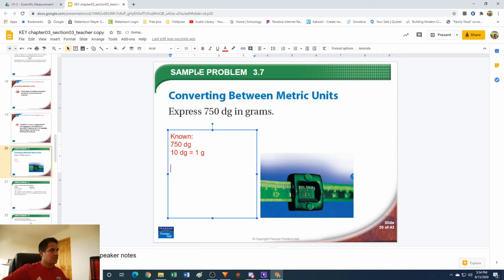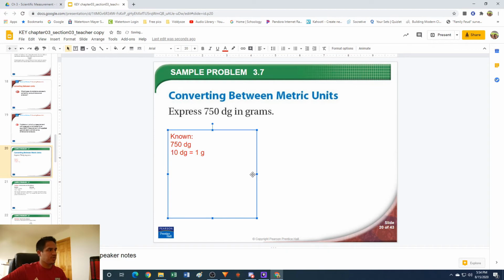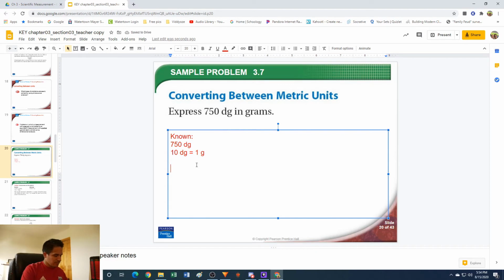So from here, I'm just going to delete this picture so we can have some more space here. We are going to take 750 decigrams. And again, if you want to think about it as over 1, you can. And we're going to multiply that by our conversion factor.